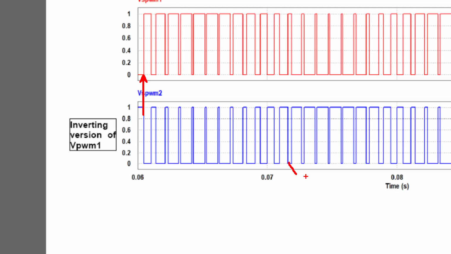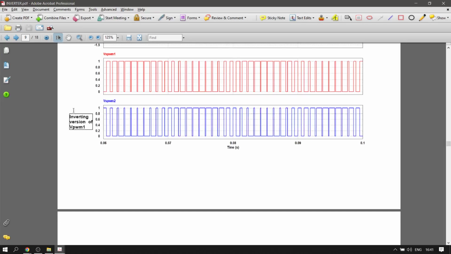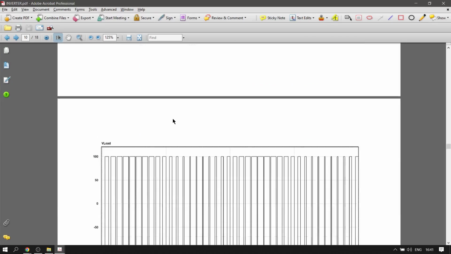This is off, and then there is a dead time before turning on switch 1. Okay, so this is switch 2, this is switch 1, for example, and this is known as dead time. It prevents a short circuit of the supply voltage where a huge current would flow and damage all the switches.